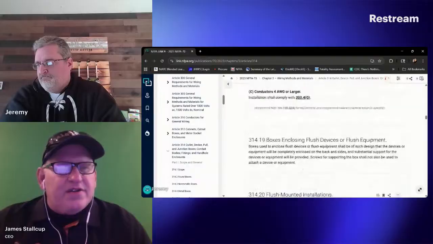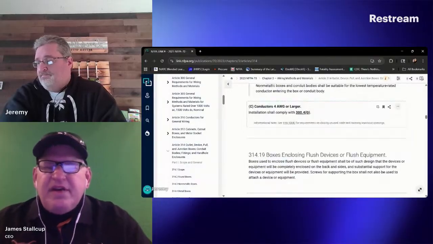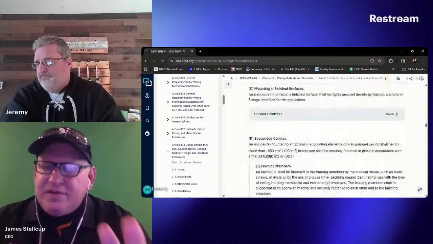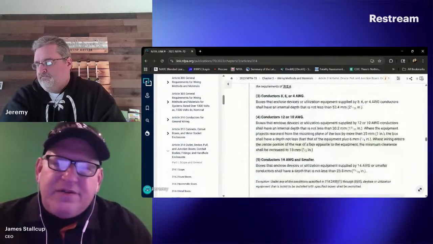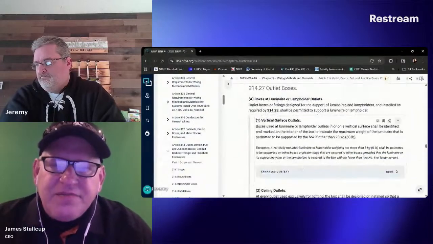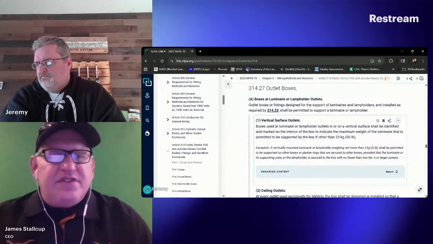Boxes shall be required to support a luminaire weighing a certain amount, and shall be supported independently. Okay, this is the words: shall be supported independently of what? The outlet box, unless the outlet box is listed for not less than the weight to be supported.